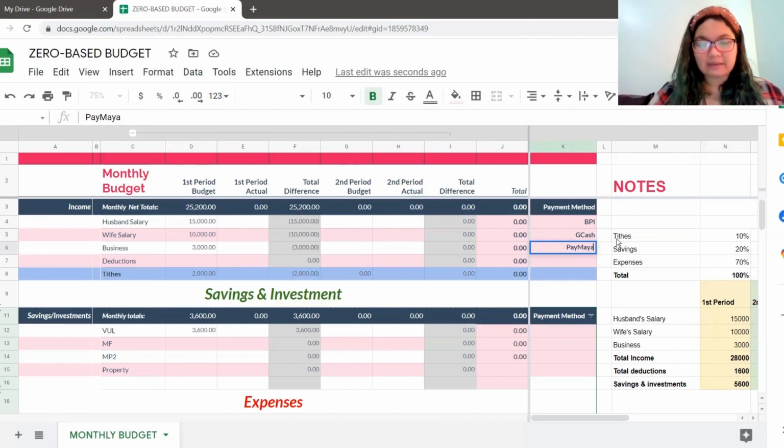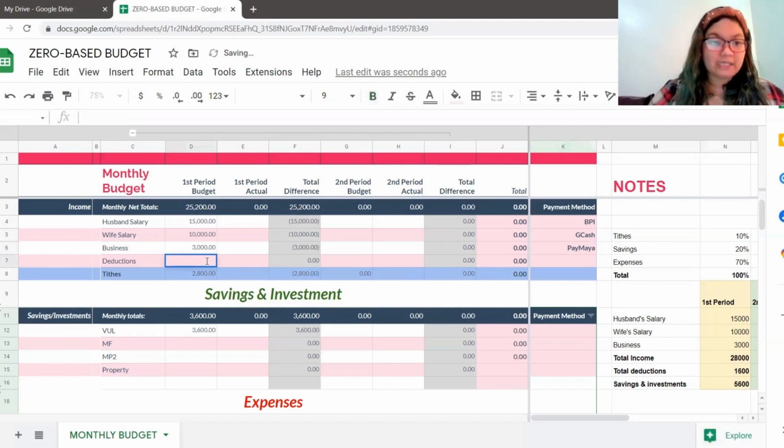So ang 10% ng 28,000 pesos ay tithes, so 2,800 ay tithes. And then meron tayo ditong sa example na deduction which is 1,600. Yung deductions ay, let's say for example, yung taxes, yung mga SSS, yung mga loans kung merong loans, PhilHealth.